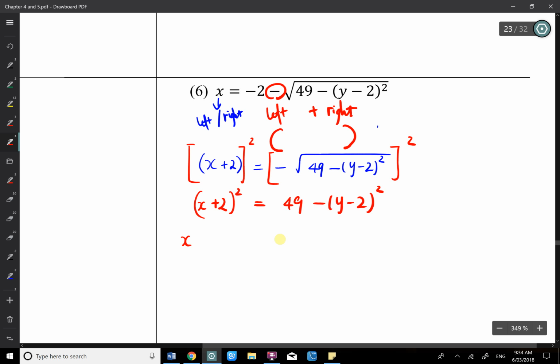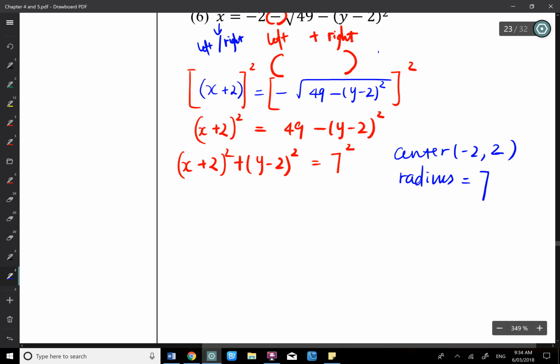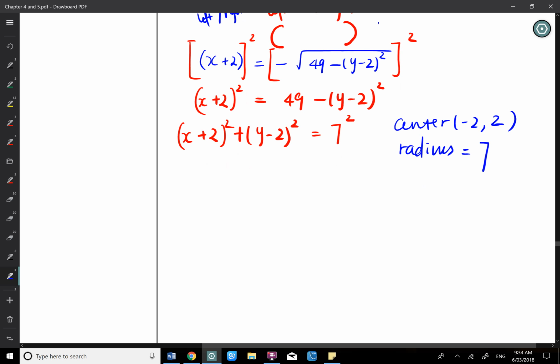And that is x plus 2 squared plus y minus 2 squared equals 49, which is 7 squared. We know the center is minus 2, 2, and the radius equals 7. Okay, that's how we're going to sketch it.